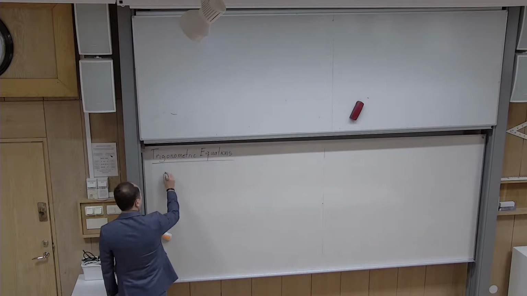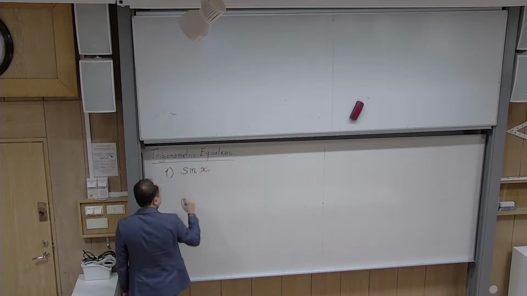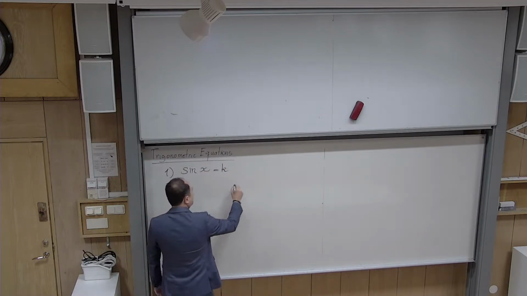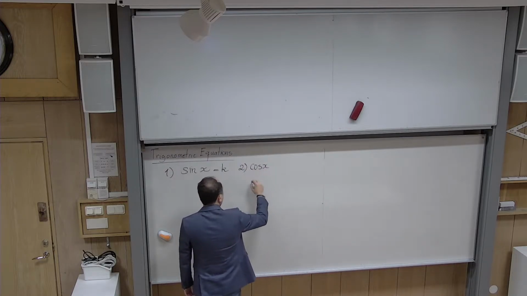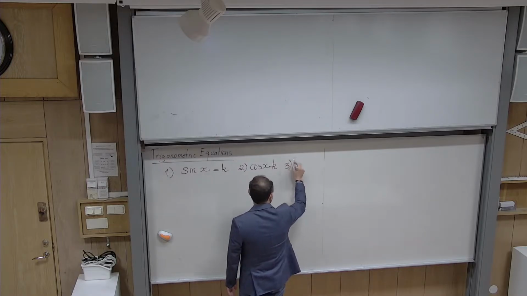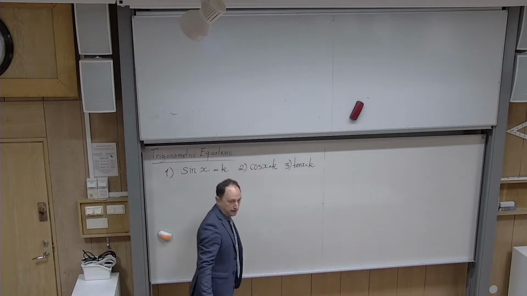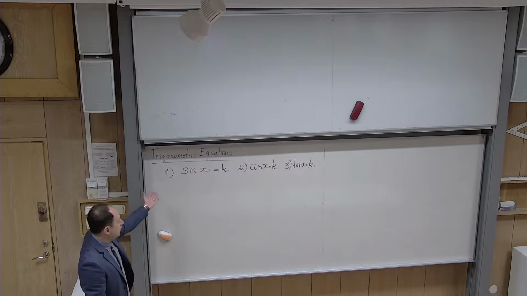Number 1 is sine of an unknown equals a number k. The second one is cosine of the unknown x equals a number k, and finally tangent of x is equal to a number k. So these are the standard ones. We want to cover all of them hopefully today.